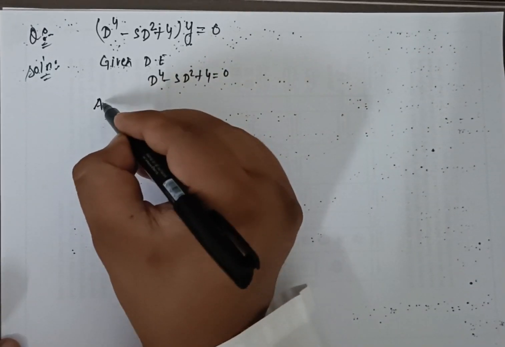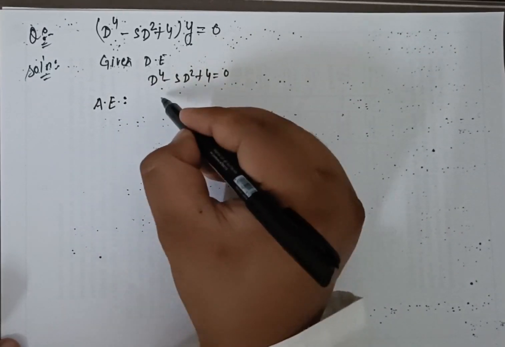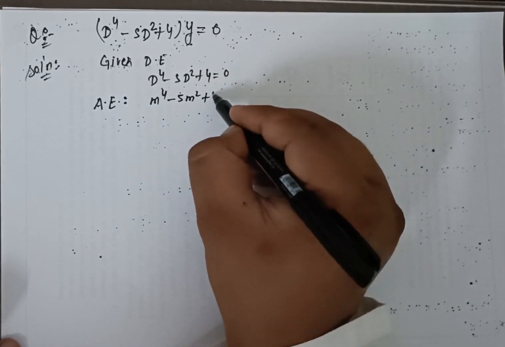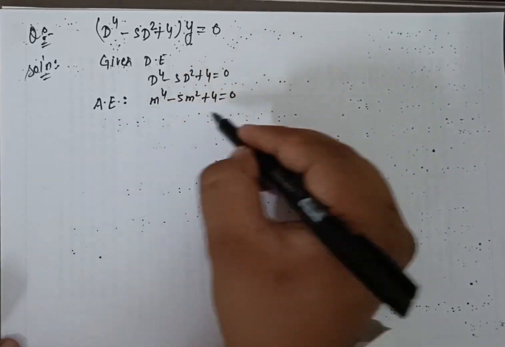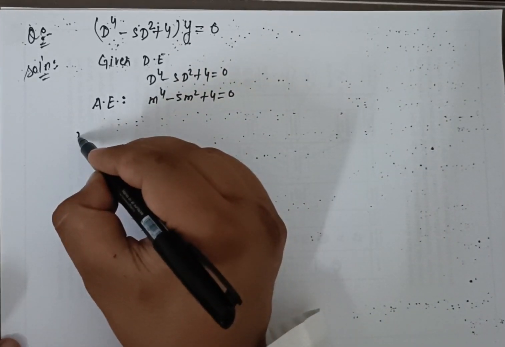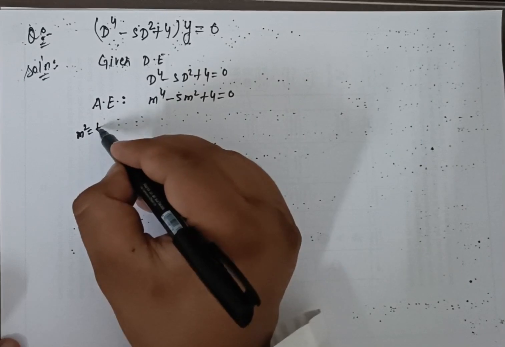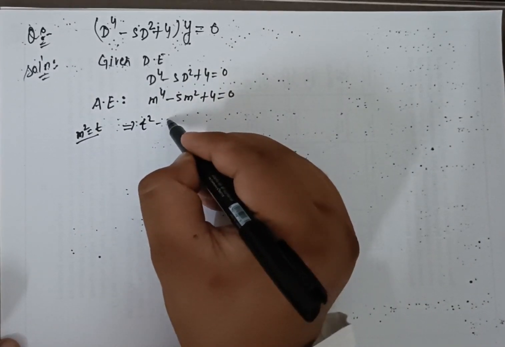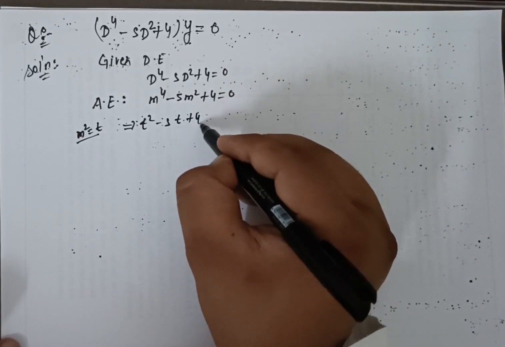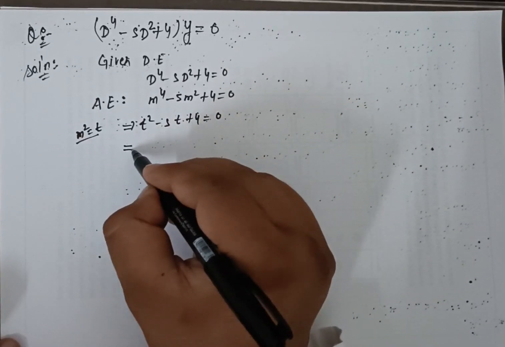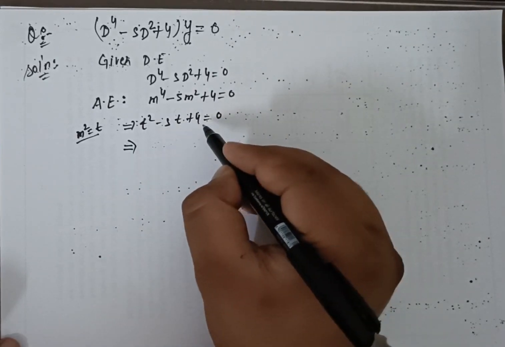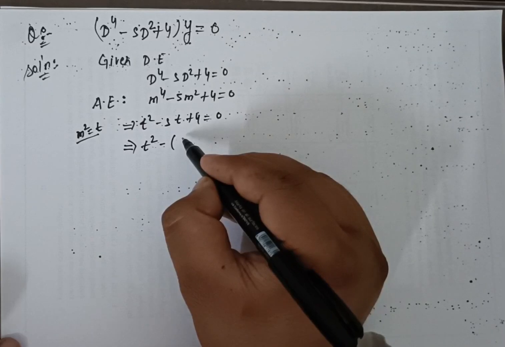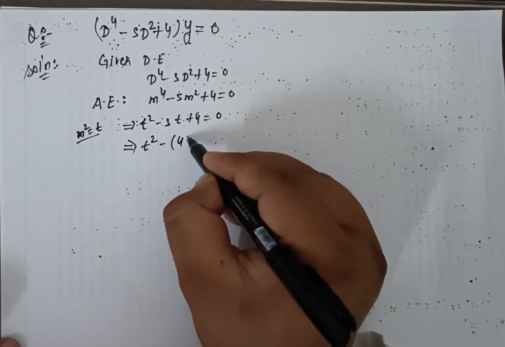Now what about the auxiliary equation? The auxiliary equation is m to the power 4 minus 5m square plus 4 equals to 0. And sometimes you can consider m square equals to t. So you can find here t square minus 5t plus 4 equals to 0. Now solve it.